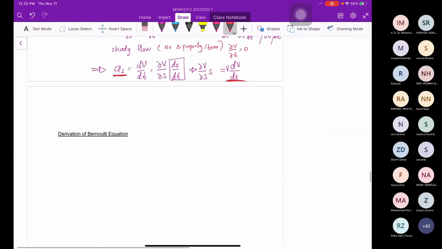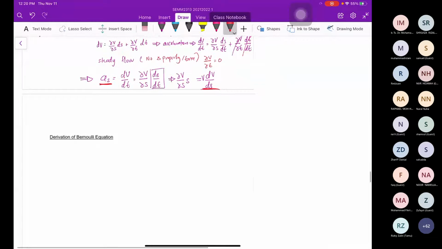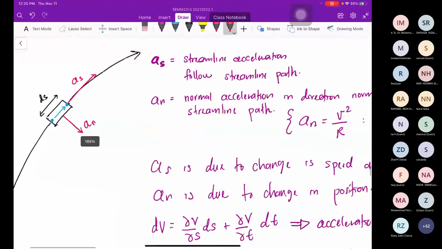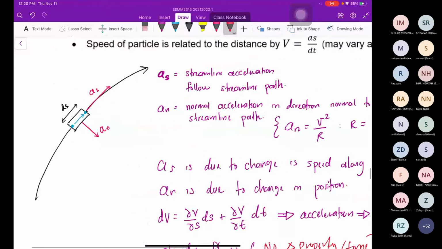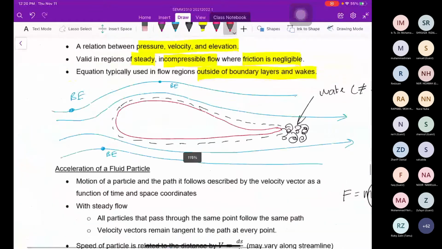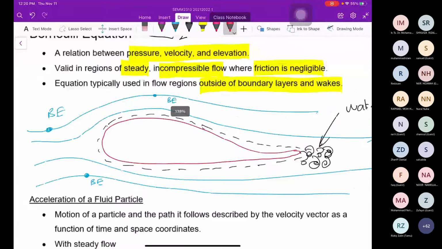Alright. Let's start with the derivation of the Bernoulli equation. We have the flow. Basically this is a path line. We can put it this way: this is the streamline over the aerofoil.